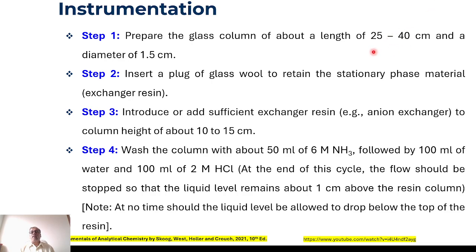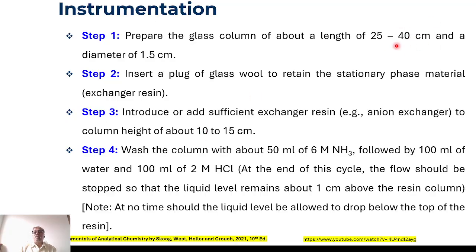If you have selected 40, then you can go up to 15 to 20 centimeter height for the filling of the resin. If the length of the column is 25, then you can reduce to 8 to 10 centimeter height of the packing of stationary phase resin.